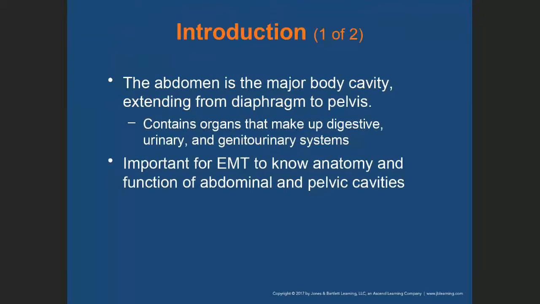Introduction. The abdomen is the major body cavity extending from the diaphragm to the pelvis. Within the abdomen, you have organs that fall within the peritoneum, organs that are behind the peritoneum, and organs that are located within the pelvis.